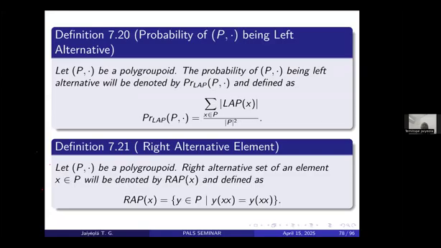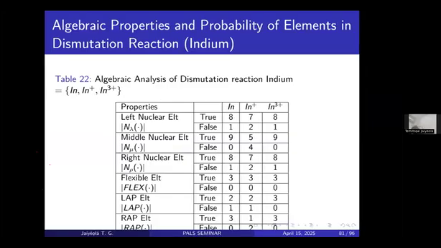And we also use that of the RAP as well, the alternative property and their probabilities as well. So using this, we're able to come up with some analysis. The first one here is algebraic properties and probability of elements in the dismutation reaction. So the analysis of the dismutation reaction for indium is as given.